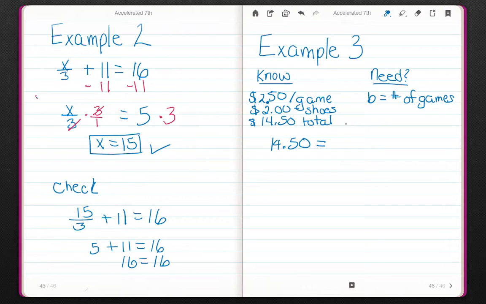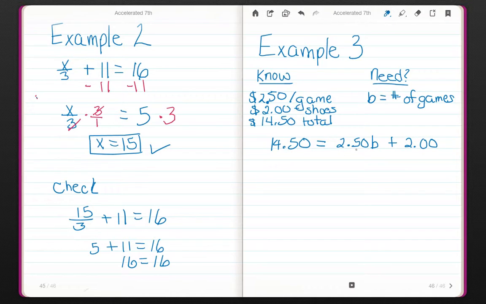It's going to equal $2.50 per game. I don't know how many games I'm playing, but I have to pay $2.50 for every single game, plus my shoe rental. So here's my equation set up.